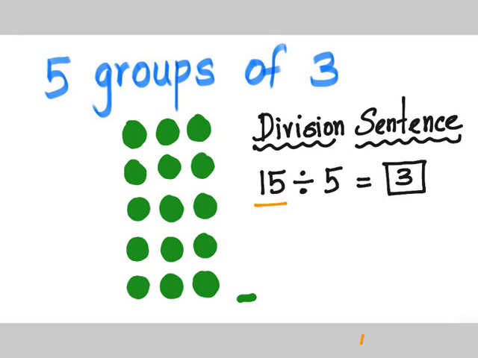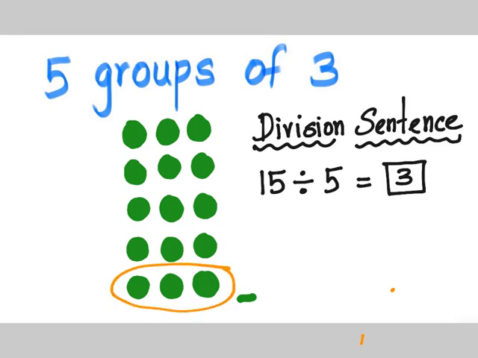If you see here, this 15 is the total or the dividend, and 5 is the divisor, or here it is the number of groups, and this 3 is the size of each group, or it is also called the quotient.